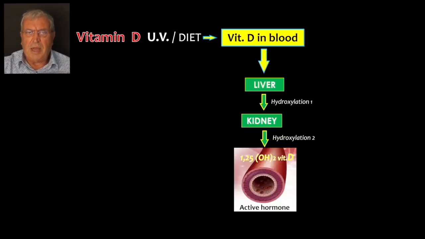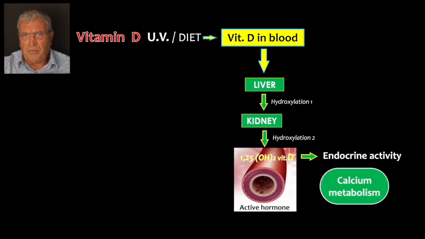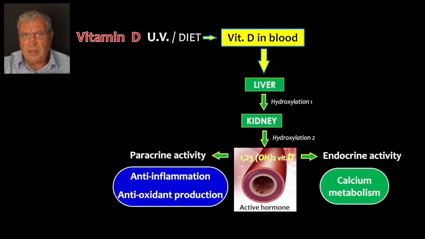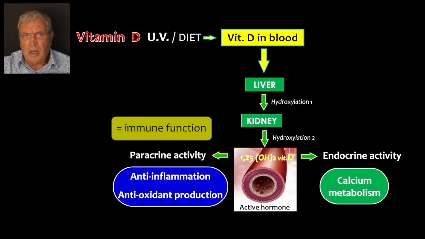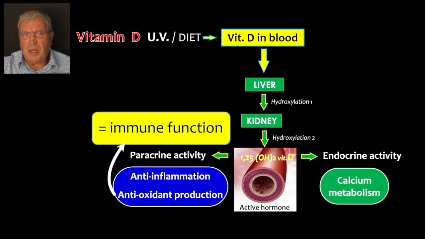We know vitamin D is produced by sun exposure into the skin or by diet. Then it goes to the blood with 2-hydroxylation, producing an active hormone. Vitamin D is a hormone with two actions. First is endocrine, with the calcium metabolism, and second, paracrine: anti-inflammation and antioxidant.